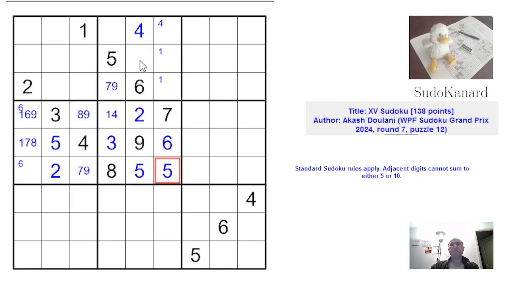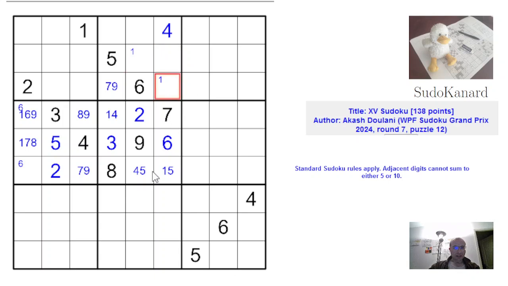And in this case, both cells here contain a 5. So this is a difficult elimination, but a spectacular one, I would say. So that's a 4, that's not a 1. So there's a 1 in here.